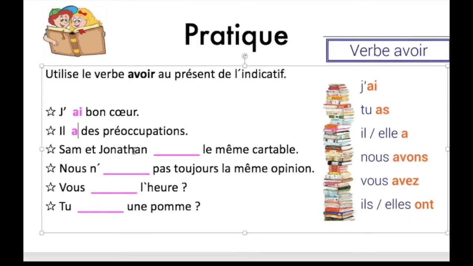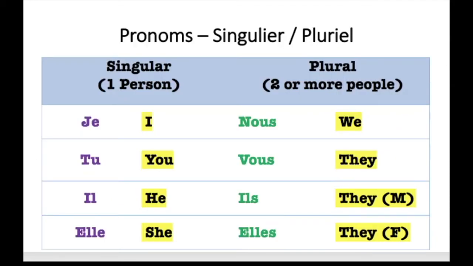Next, we have Sam, blank, Jonathan. Well, this is where I run into a little bit of a problem because Sam and Jonathan aren't any of our pronouns. But what we do know is that we can replace Sam and Jonathan with a pronoun, the same way you would do in English. Now, let me flip back to my pronouns chart. So, Sam and Jonathan, what would be the most appropriate pronoun to use in English?